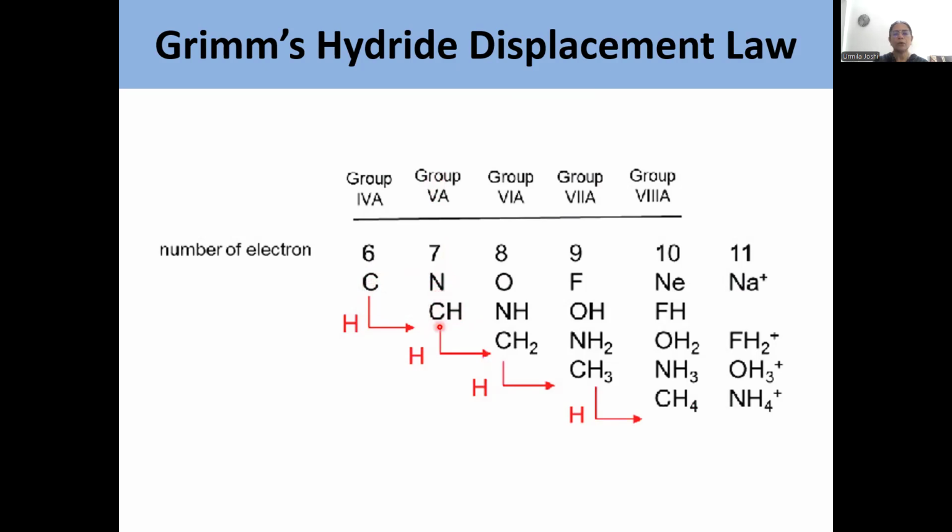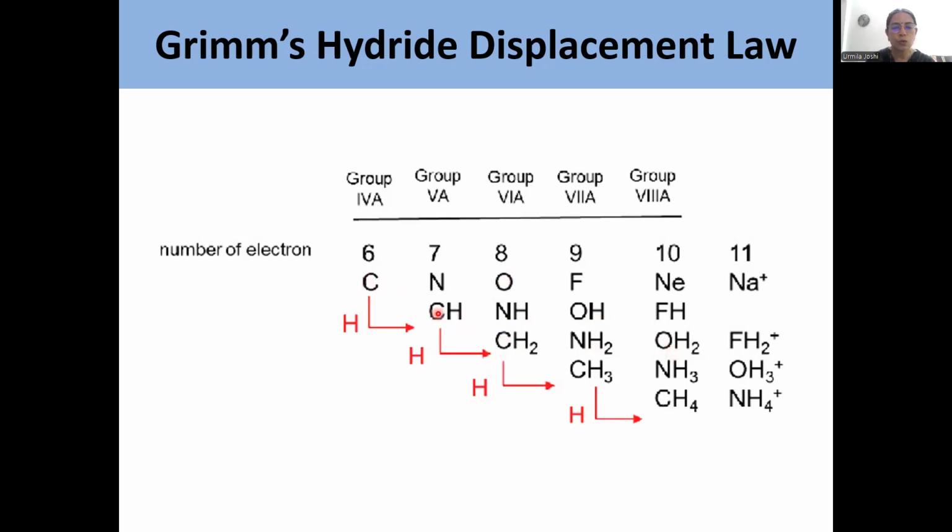After C comes nitrogen, and CH is equivalent to nitrogen. Continuing this further, if you add H to this N, it becomes equivalent to O. Why? The valency is same. But if you add H to this CH also, it becomes equivalent to O because the valency is same. I hope this is clear.